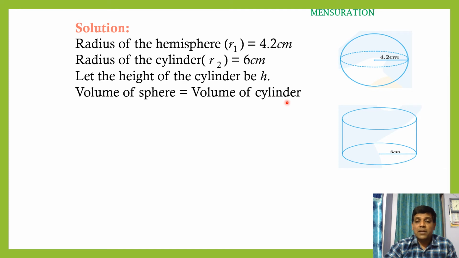Write down the formula and after that replace the values. 4 by 3 pi r1 cube is equal to pi r2 square h.